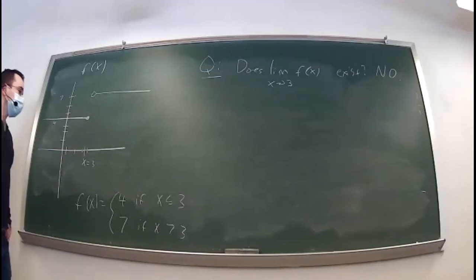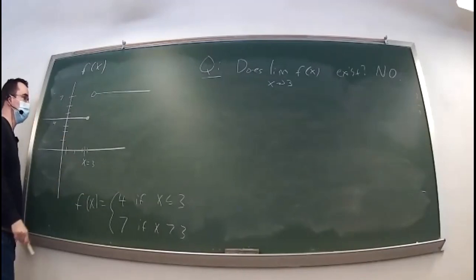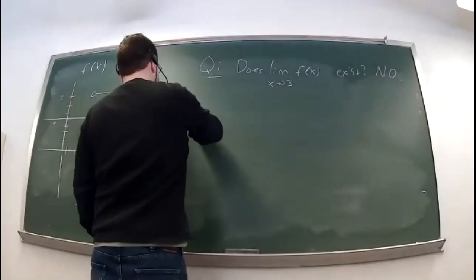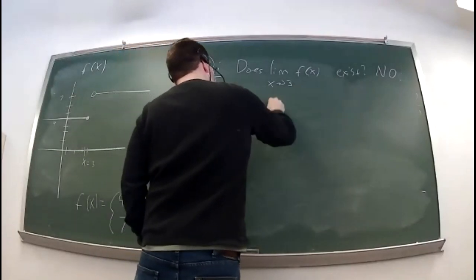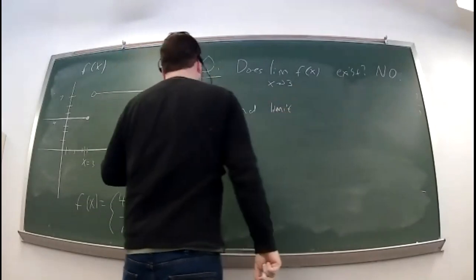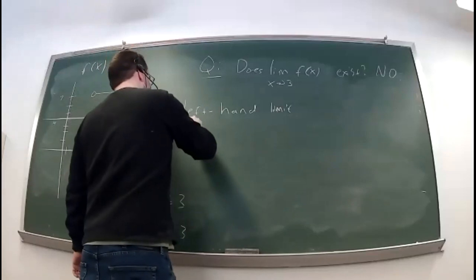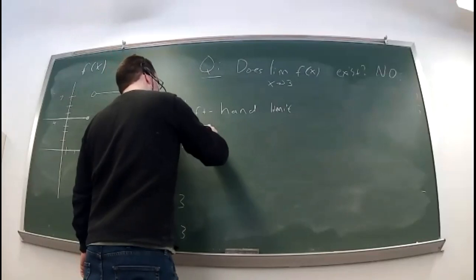On the other hand, it is true that if I only approach 3 from the left, if I only consider those values of x that are less than 3, then my y values are going to hold constant. They're going to be equal to 4. So what I do is I call that a left-hand limit. And I denote that by writing limit as x approaches 3 from the left.